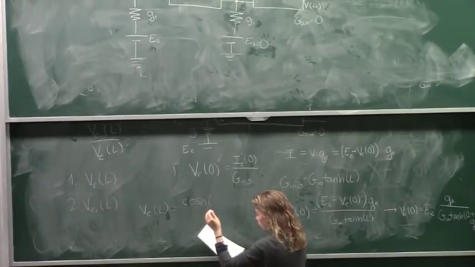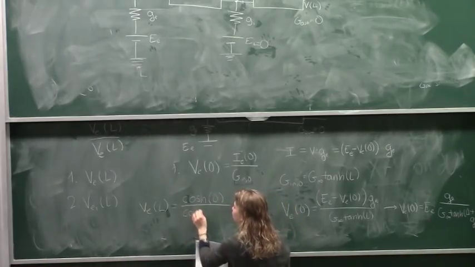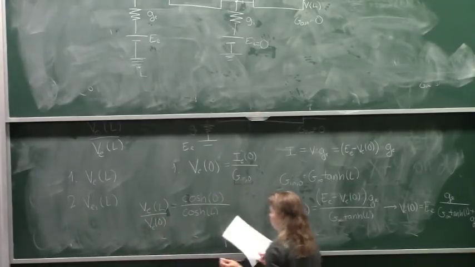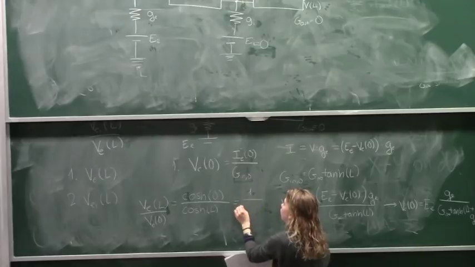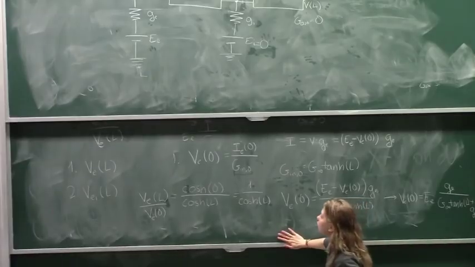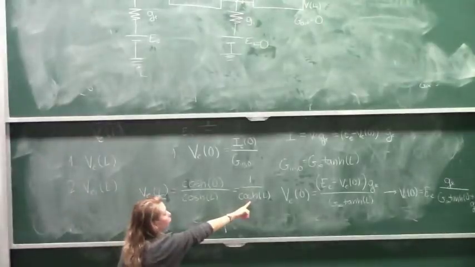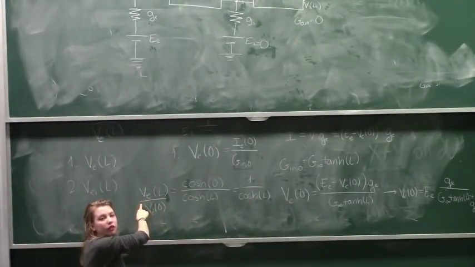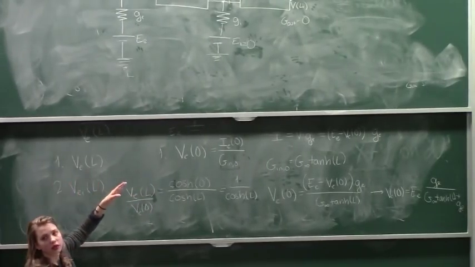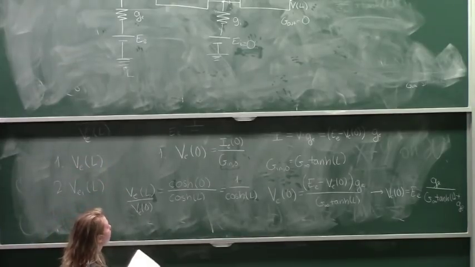That was given in the problem. So that simplifies to hyperbolic cosine of 0 over hyperbolic cosine of L times VE of 0, which is just 1 over hyperbolic cosine of L. So then you can use this equation for VE of 0 and plug it in, multiply that by 1 over hyperbolic cosine of L, and you get your VE of L. So that's the potential at L when you have only the excitatory input, similar to the one input problem that we had.